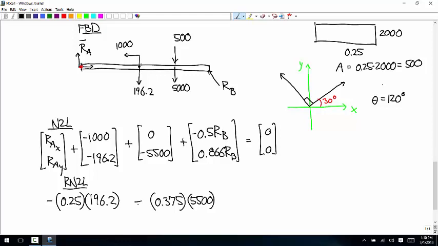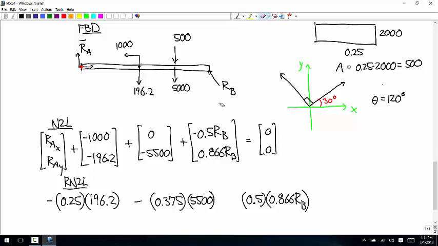And then you can think of that RB as, we've already broken it up into a horizontal and a vertical component. So you can do the same thing just with the vertical component of that RB. We have a force of 0.866 RB, a moment arm of 0.5, and so we have 0.5 times 0.866 RB. And then is that positive or negative?